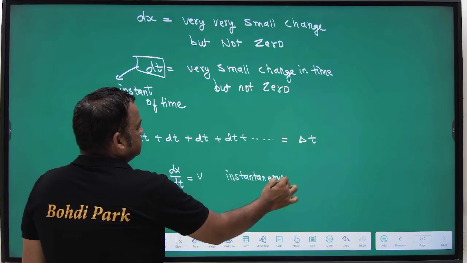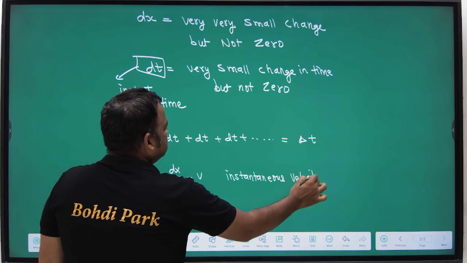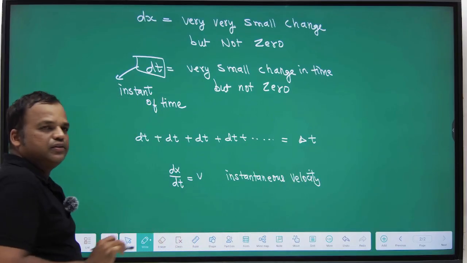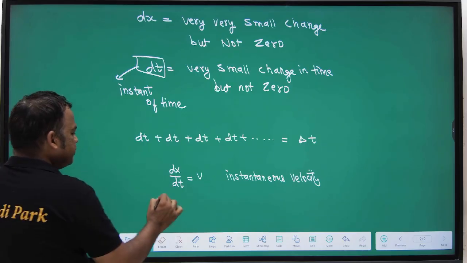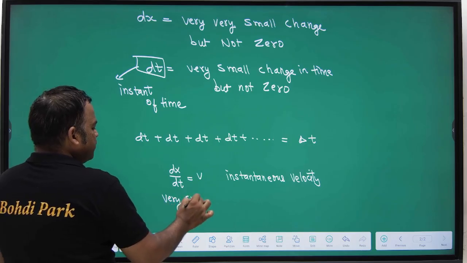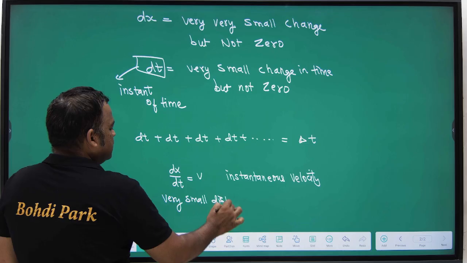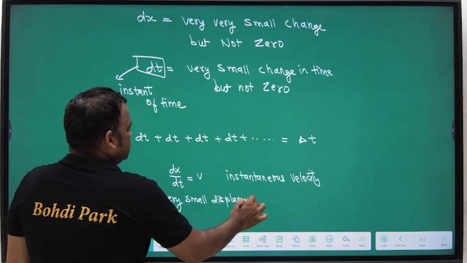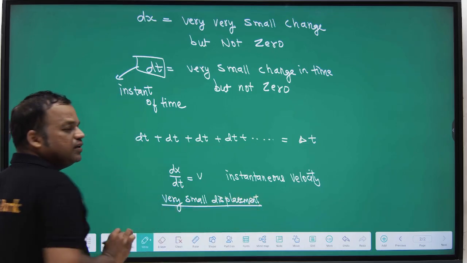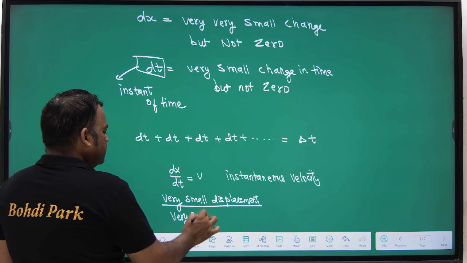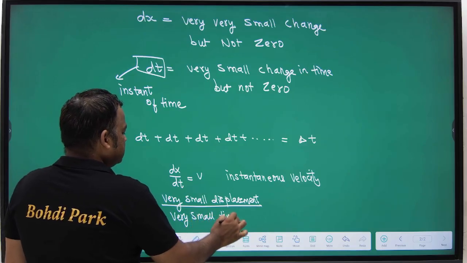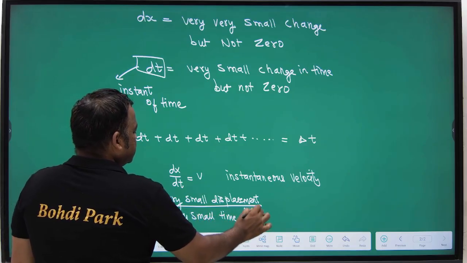So dx is a very small displacement, and dt is a very small time duration.